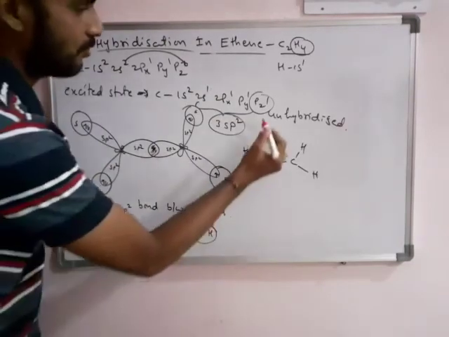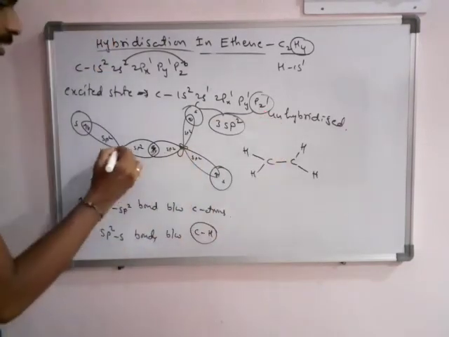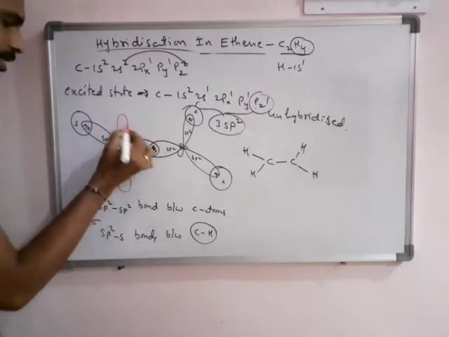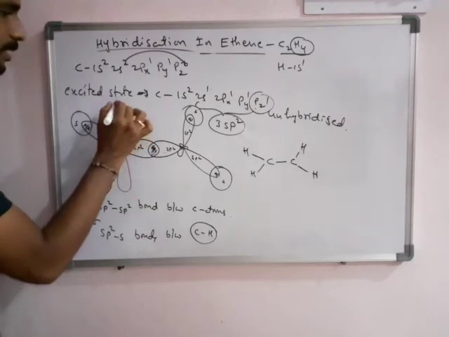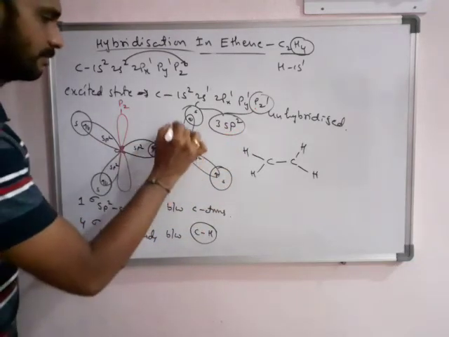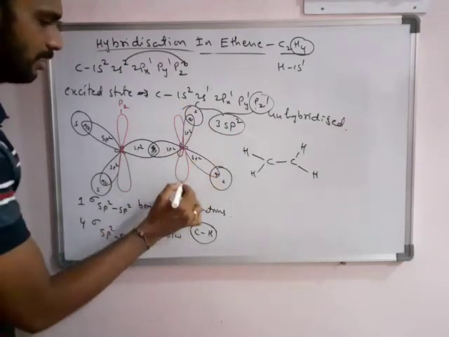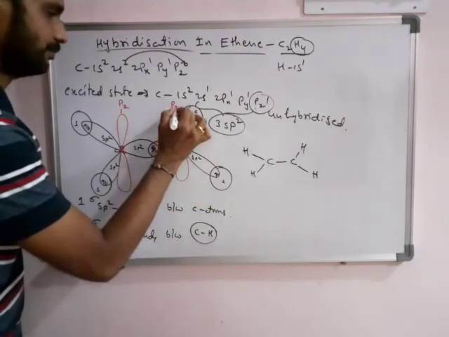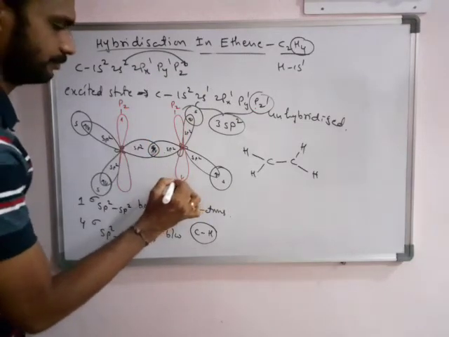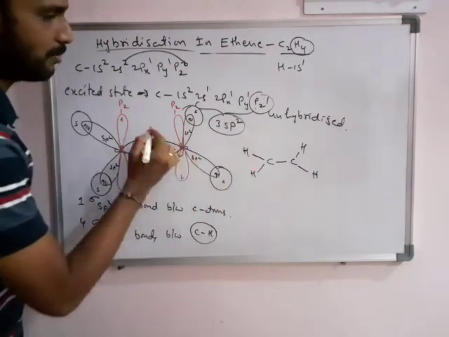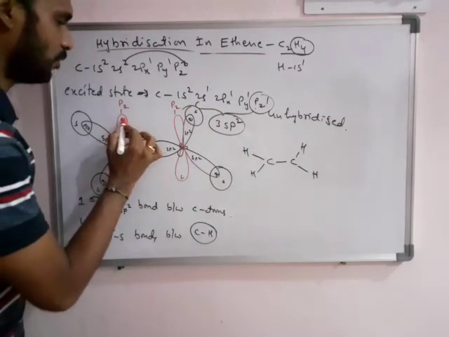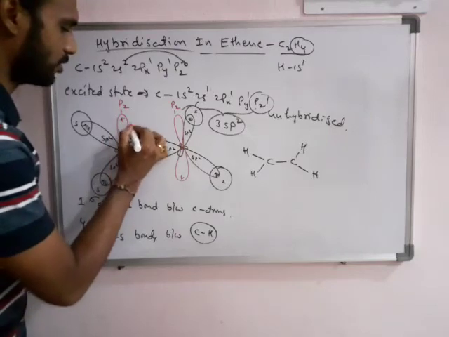Okay, so now we write about that. That is the p orbital. So this is the p orbital. Simply we are writing pz, not exactly. So this is also pz. Both have unpaired electrons. They are also involved in bond formation, but there is no choice for the formation of a sigma bond. So therefore they are involved in pi bond formation.